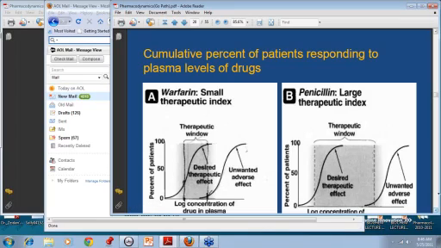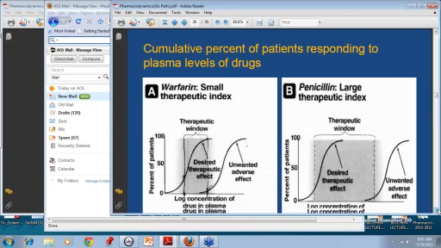And we said the free drug is the one that actually causes a problem, right? And you can see sulfonamides have a broad spectrum, a broad therapeutic index. So it's safe to state the concentration, within, of course, a window, but the window is much larger than warfarin here. And then the unwanted adverse effects take place at very, very high dose levels. So this is what we like to achieve here.